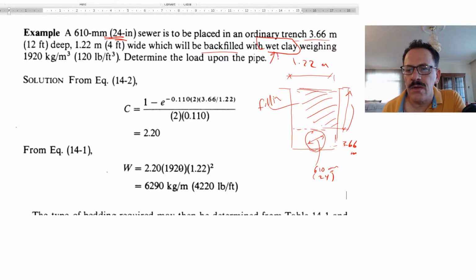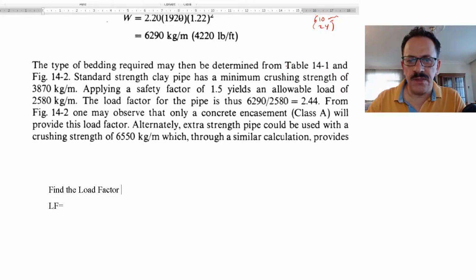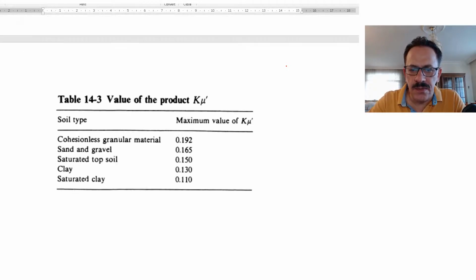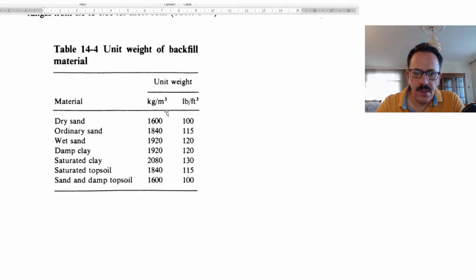So you have to be aware of the wet clay. What is the wet clay? Because we need to know what is the wet clay loading. From the table we can say here's the wet clay. For wet clay, we have the load, it will be 1920 kilogram per meter cube.